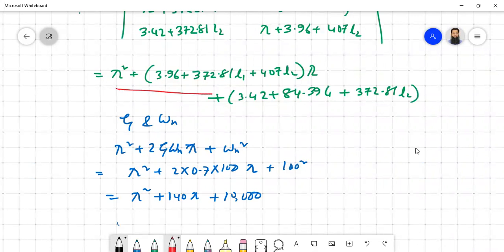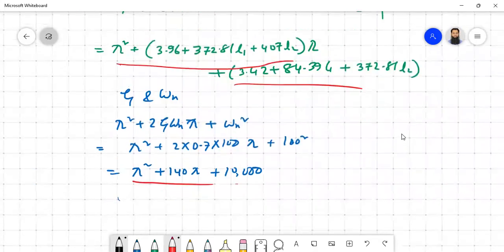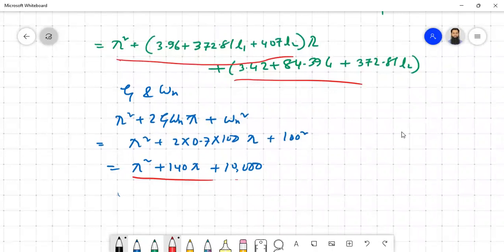Okay, so comparing these two equations, we have to equate the coefficients to find the values of L1 and L2. Finally, we can figure out that L1 will be minus 38.397 and your L2 will be 35.506.